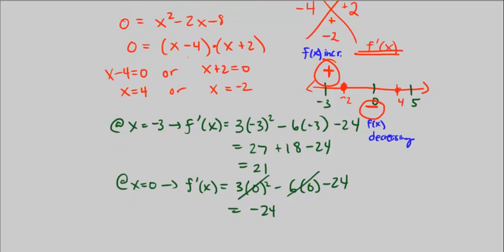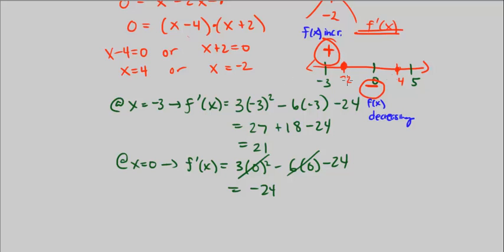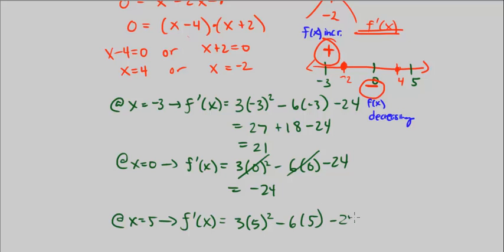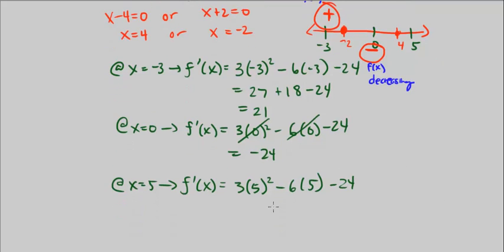All right? So our last point to check is to the right of 4, I'm going to check x is 5. So when x is 5, f prime of x is equal to 3 times 5 squared minus 6 times 5 minus 24. Okay? 5 squared is 25. 25 times 3 is 75. Minus 6 times 5 is 30. Minus 24. Right? 30 and 24 are both negatives.